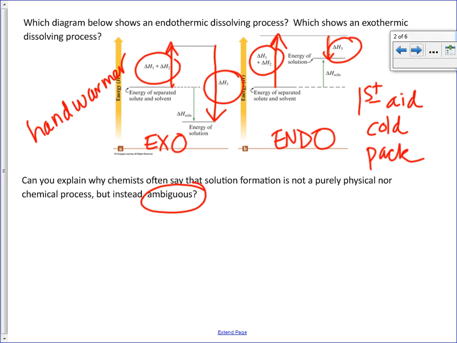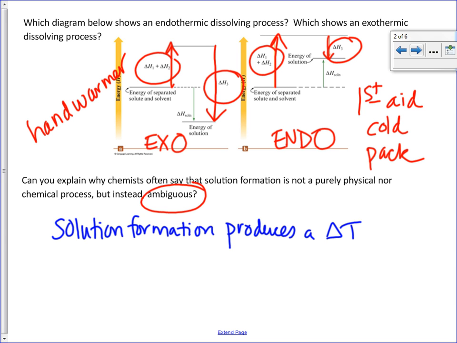Alright, for any solution formation, you're going to produce a delta T, a change in temperature, in the surroundings.